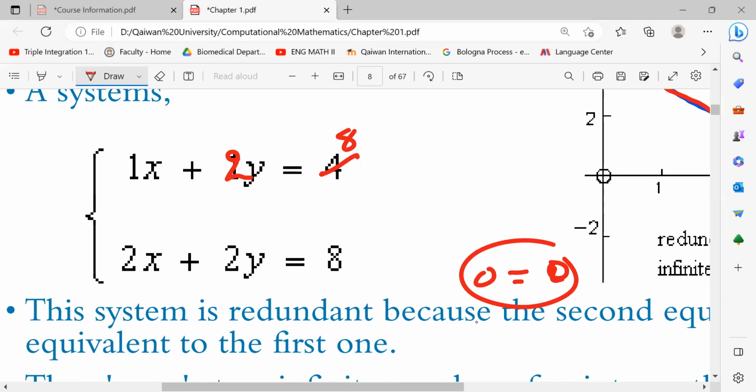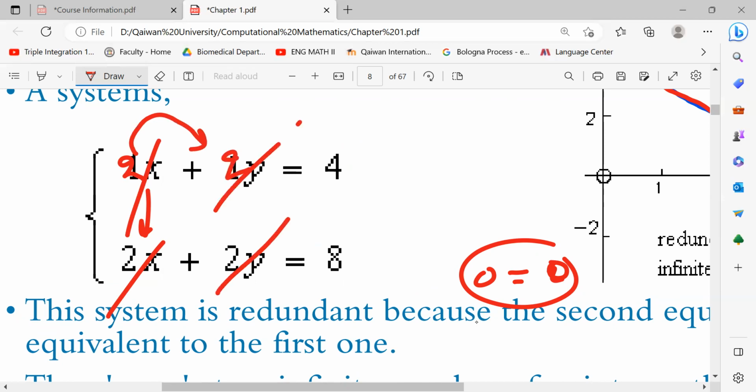Try to remove one of the variables by subtracting one equation from the other. Let's check if we want to remove x. We need to multiply this by 2 to have the same coefficients. Then we subtract one from the other, and x cancels out. Once x cancels out, y does too, and on the right-hand side we get 0 equals 0.